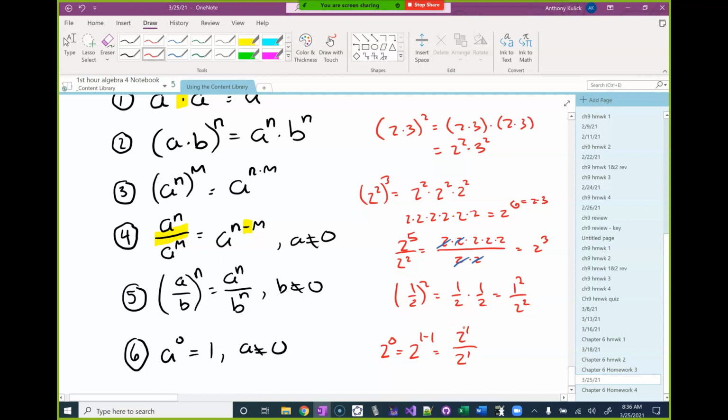That one's a little bit trickier to see why that would have to be true, but that's kind of the easiest way to think about it.